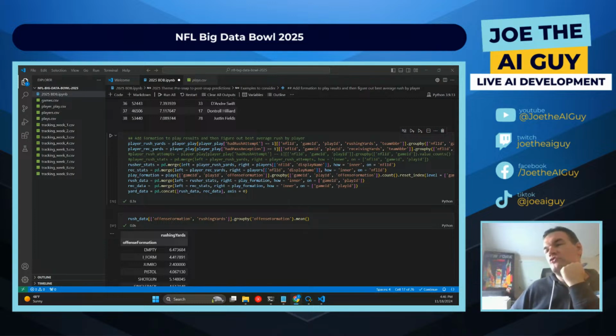Okay, there is a had drop back, but that's for the individual player. Let's see what else we've got. There's nothing there.